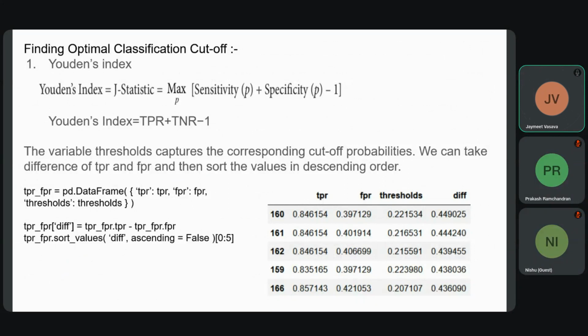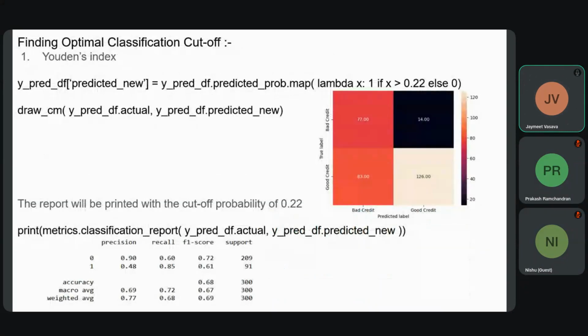If we run this code, we'll get the threshold values, the FPR, TPR values and the differences. So the optimum threshold value that we get is 0.22. You can see for the observation 160, the optimum threshold value we are getting is 0.22.